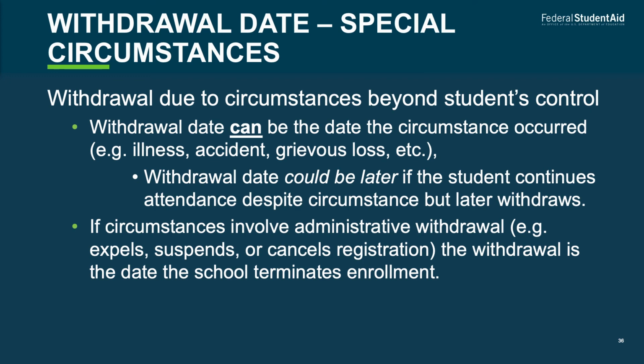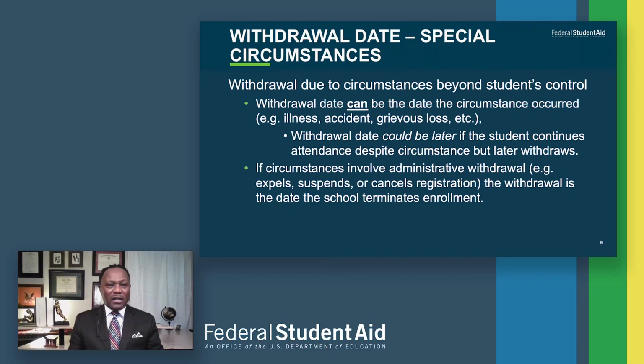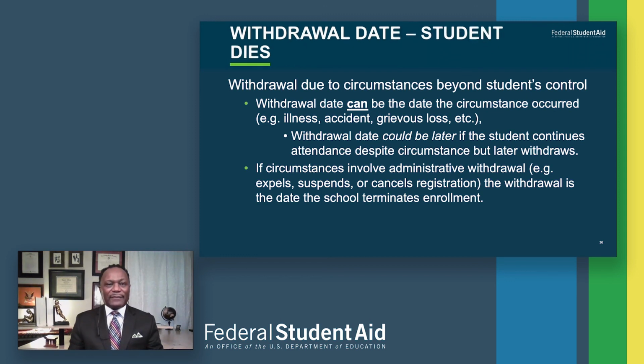However, if the student continues attendance that is demonstrated through an academic related activity, then a later date could be used. Also, if there is an administrative withdrawal wherein the student enrollment is terminated by the school for some of the reasons listed here, in this case, the withdrawal date is the date the school terminates enrollment.